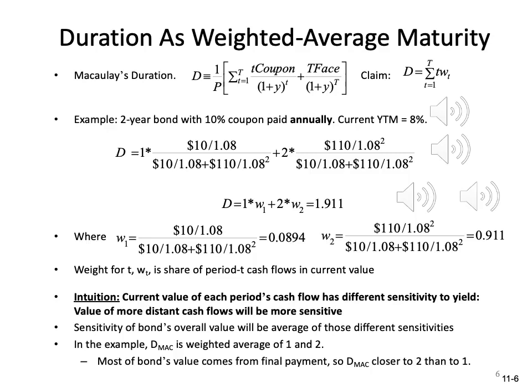The numerator of the ratio is the discounted value of the first year's cash flow. Then we move on to the second term, which is 2 times. So the 2 really means t equals 2 in the second year or the second period, times the ratio. If you look at the top of the ratio, which is $110 divided by 1 plus 8% squared, $110 is the second year's coupon payment plus the face value $100.